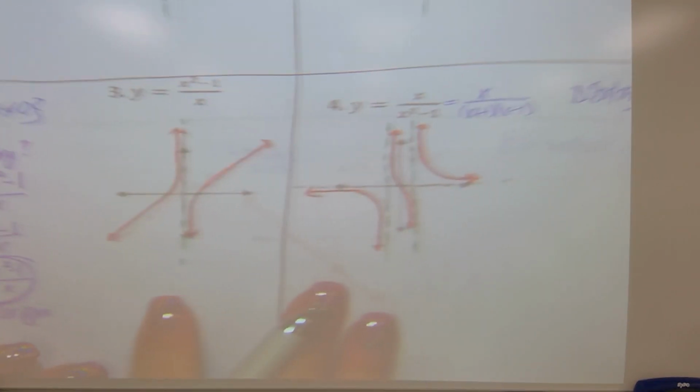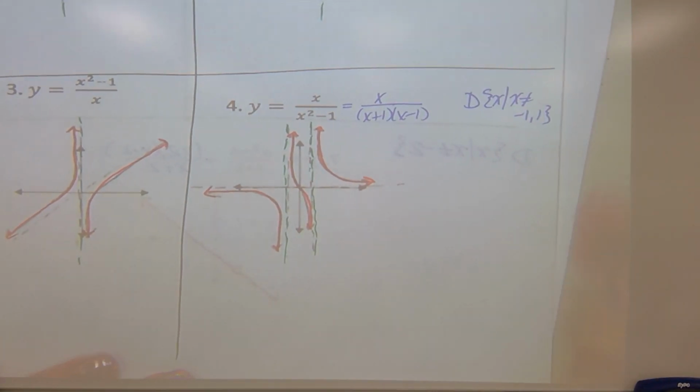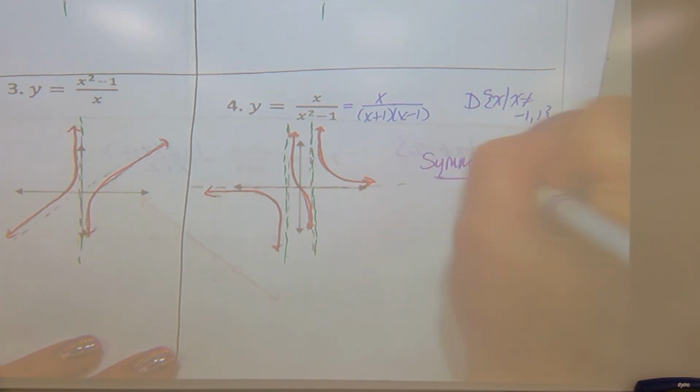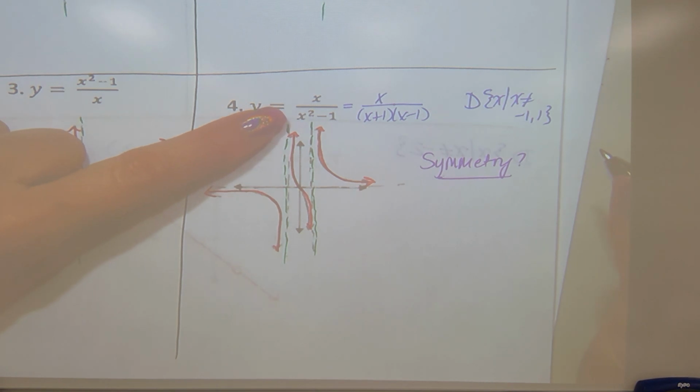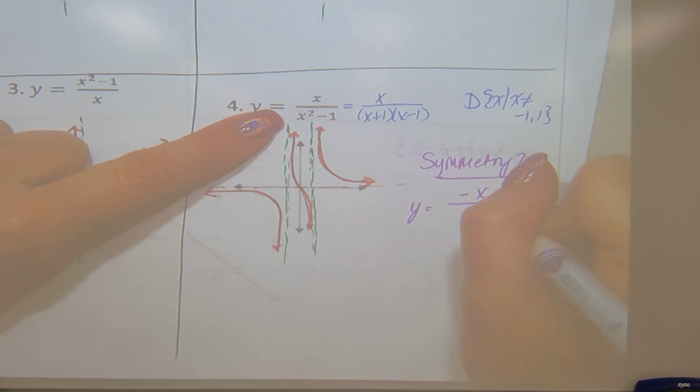Now let's look at function number 4 and apply our symmetry test. When we think about symmetry for this function, we think about plugging in a negative x. We've got y equals a negative x over negative x squared minus 1. Well, that denominator doesn't change again, the numerator does.